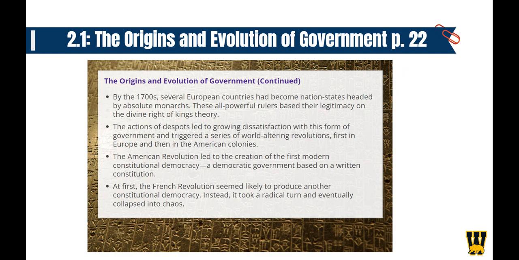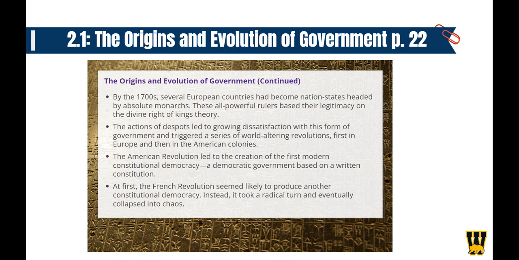The American Revolution led to the creation of the first modern constitutional democracy, a democratic government based on a written constitution. At first, the French Revolution seemed likely to produce another constitutional democracy. Instead, it took a radical turn and eventually collapsed into chaos.